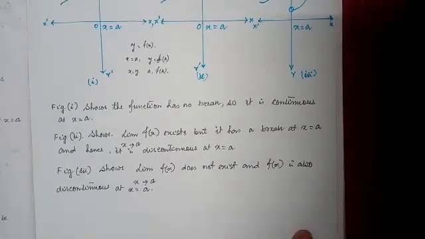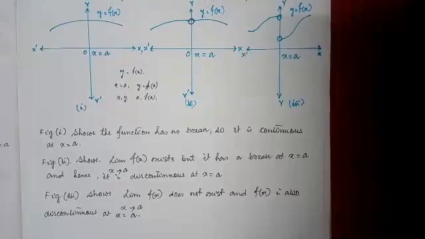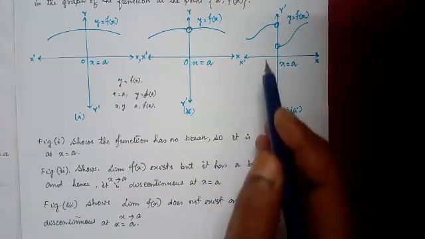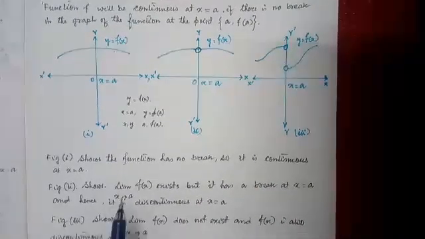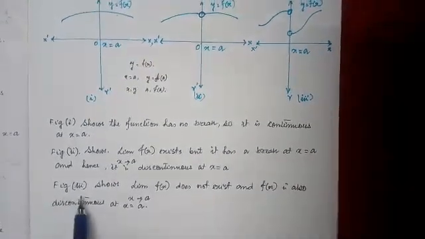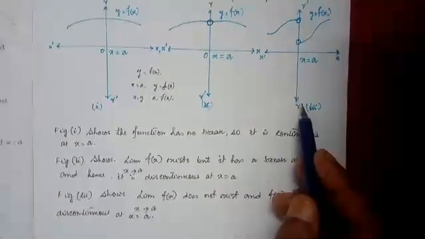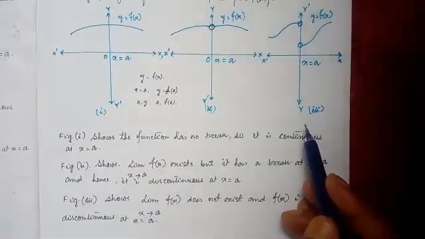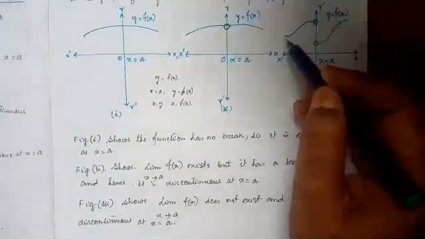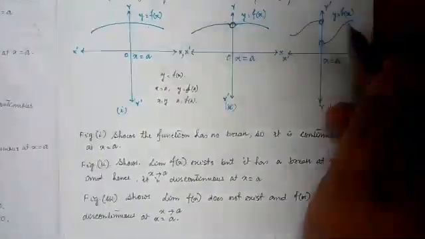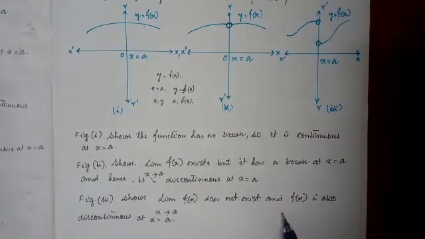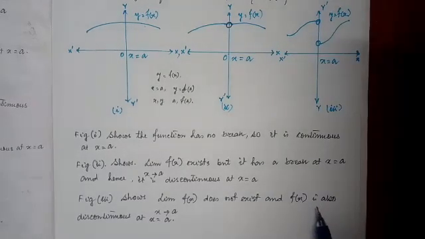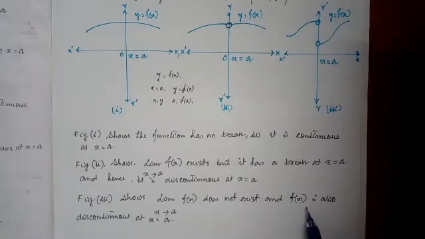Now the third graph, graph 3, shows that the limit of f of x, this is the graph of the function f of x, does not exist, and f of x is also discontinuous at x is equal to a.